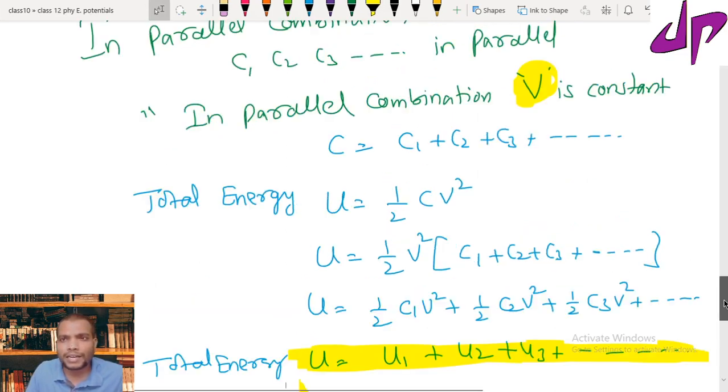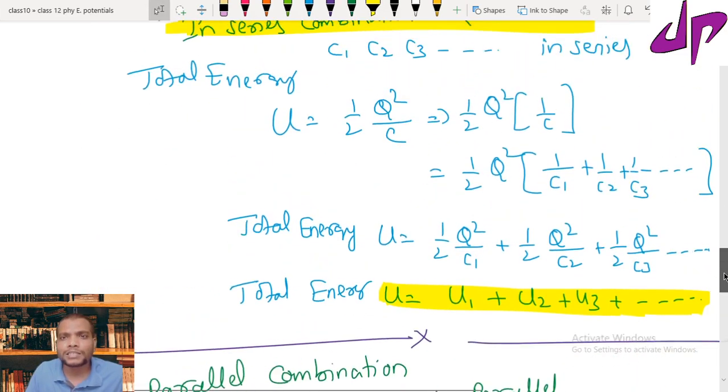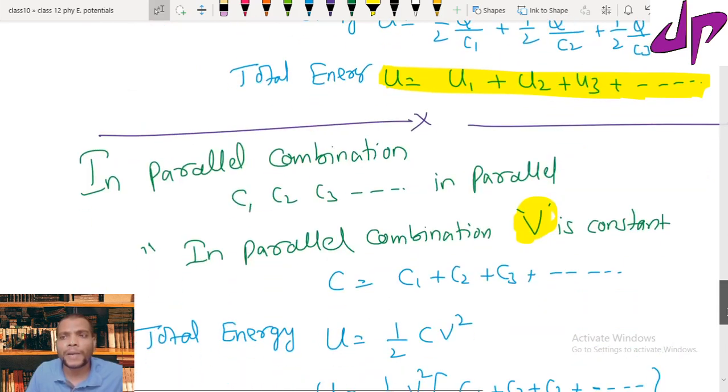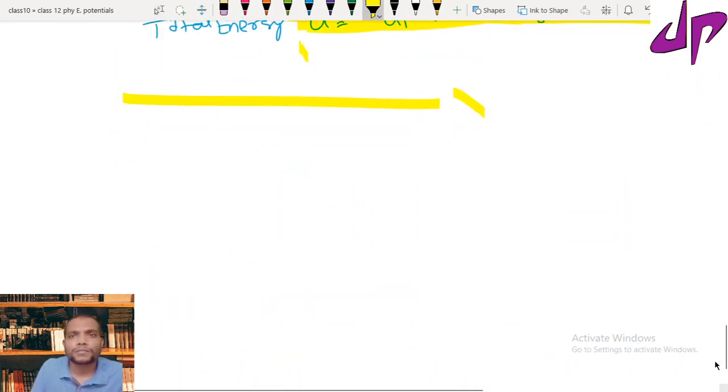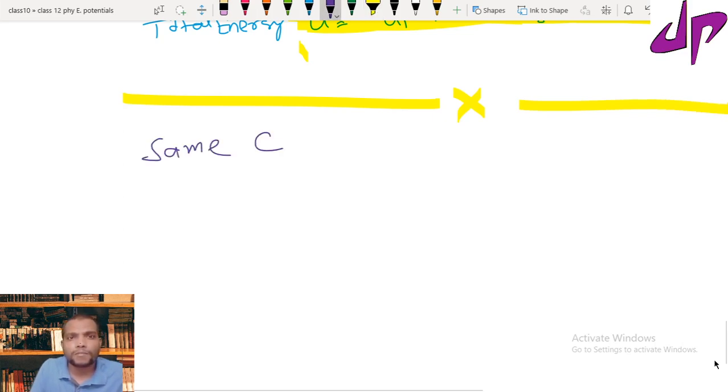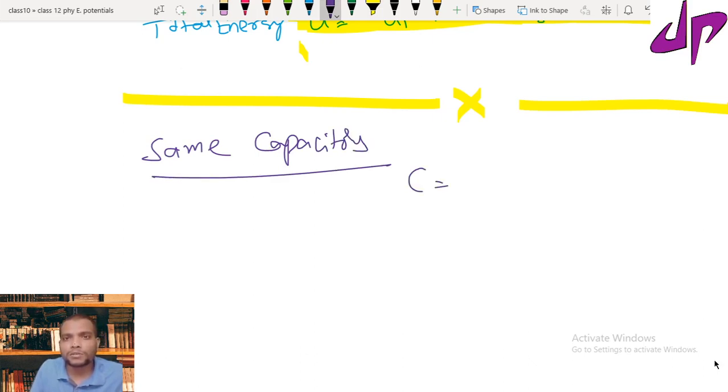When we connect capacitors in series or in parallel, suppose we take the same capacitors, of capacitance C equal to C1 equal to C2 equal to C3 equal to C4 equal to 1 microfarad.